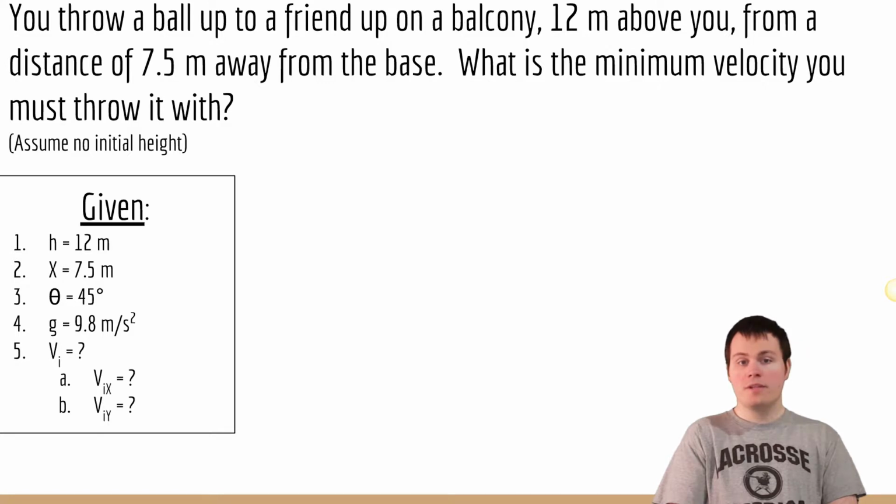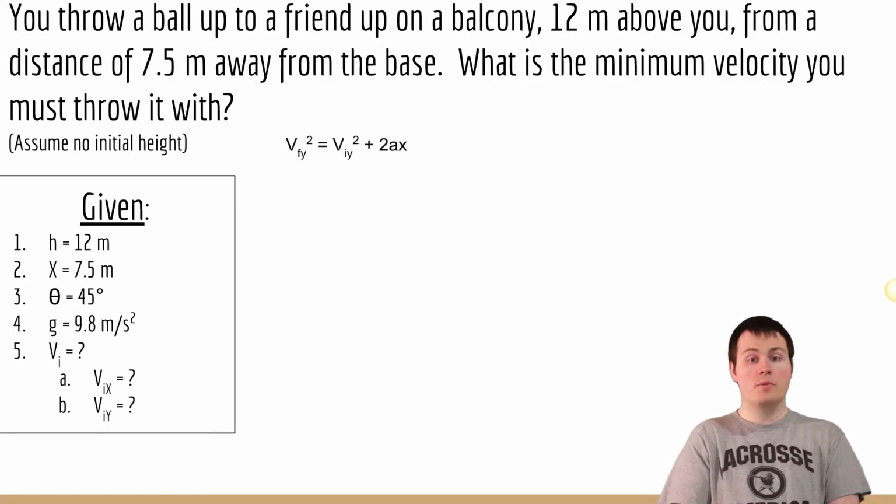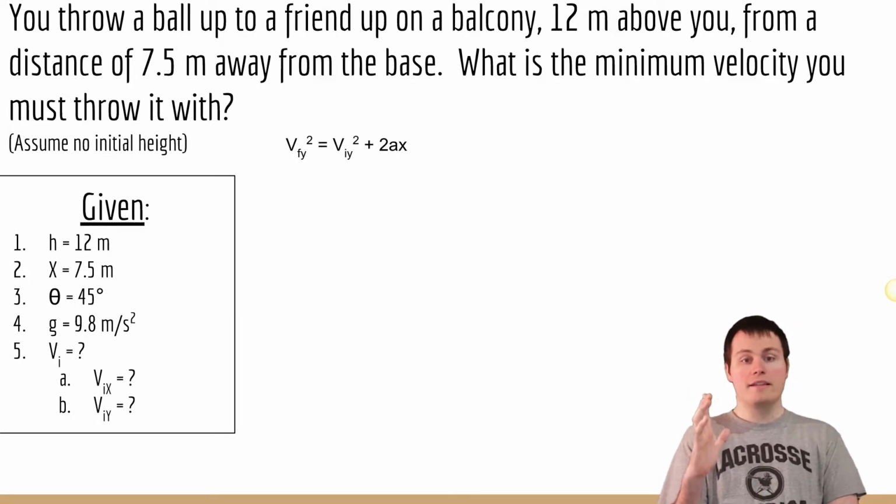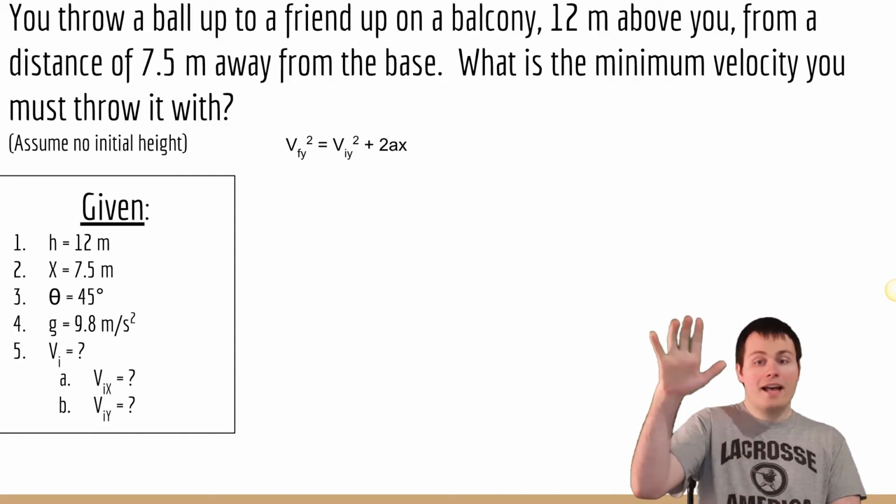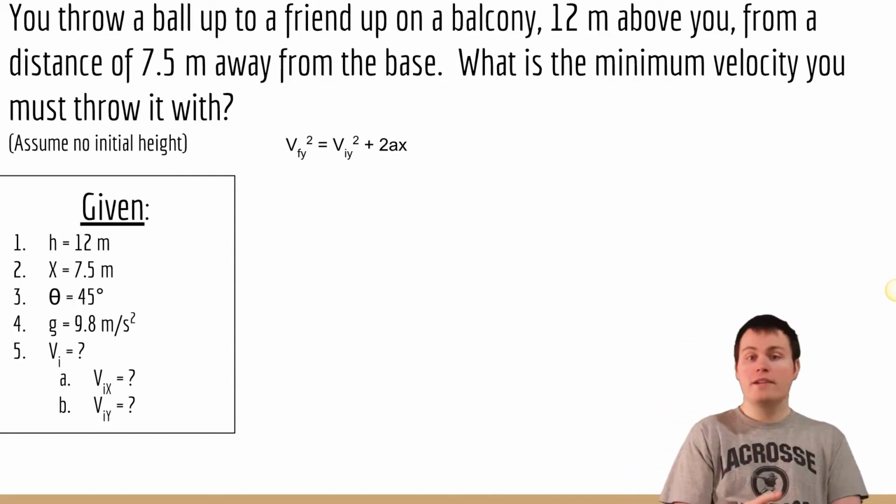What I tried first was final velocity squared equals initial velocity squared plus 2ax. In this case, we want to find the vertical component of velocity, so we're only looking in the y direction, and the final velocity in the y direction at the top of its peak is 0.